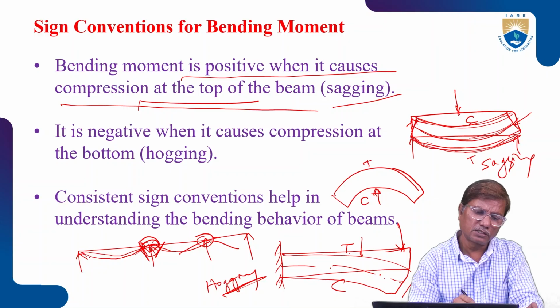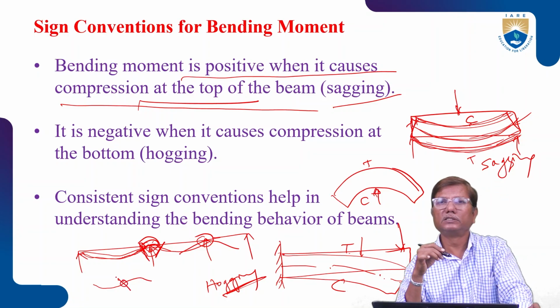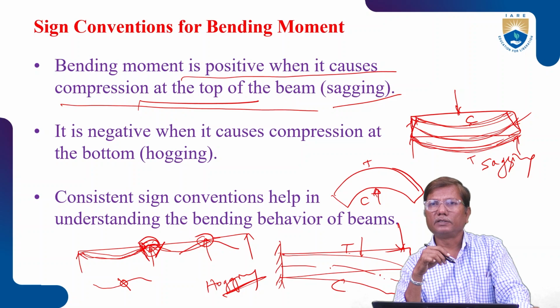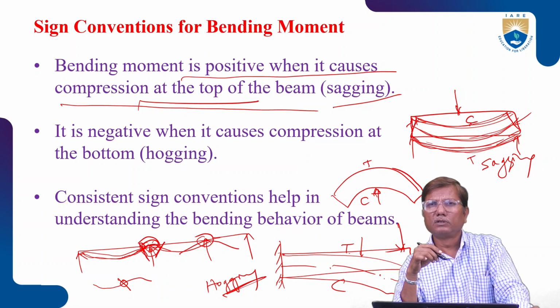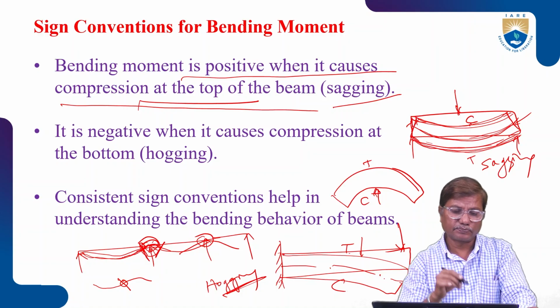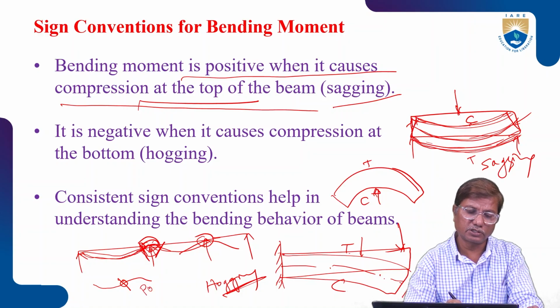That means the moment changes from sagging to hogging, and the point where it changes the sign is said to be the point of contraflexion. This is called point of contraflexion or point of inflection.